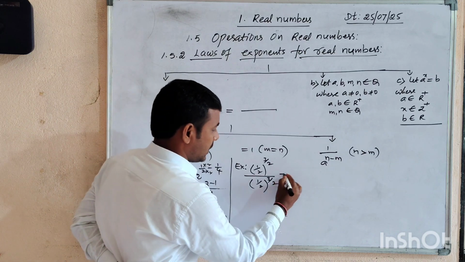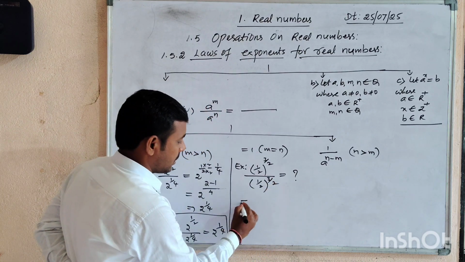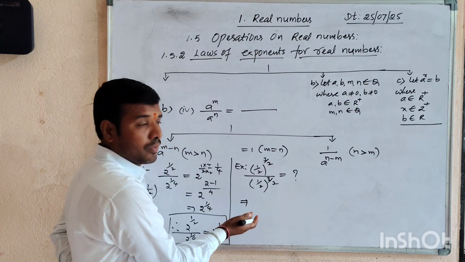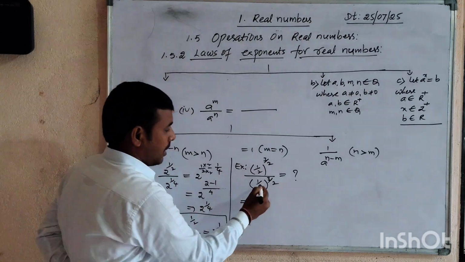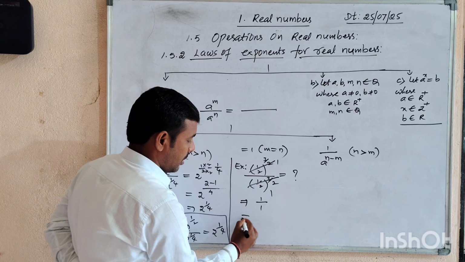So what is the answer? The numerator and denominator look the same, no? Like a by a, 1 by 1. In the same manner we can cut, 1 by 1, nothing but 1.